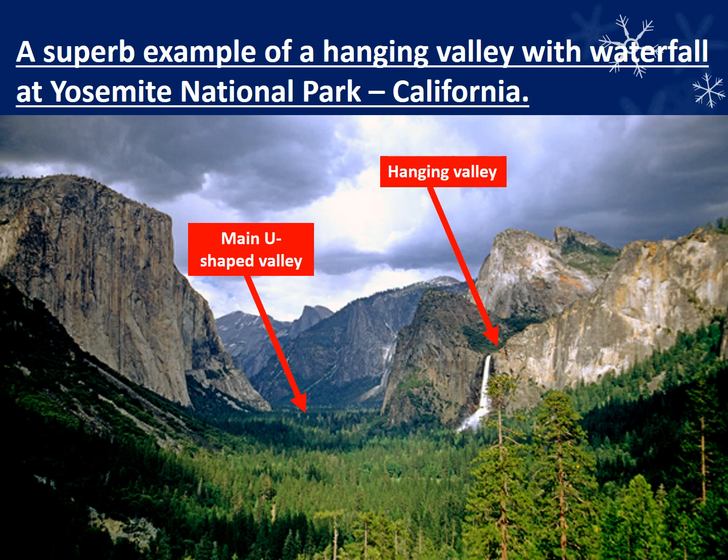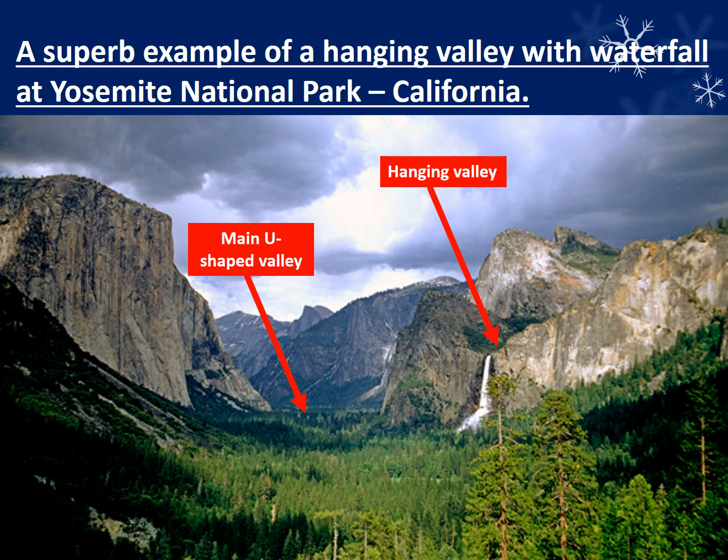Here's a really nice example of where you can see a hanging valley with a waterfall in it. This hanging valley would have been a small glacier that eroded a fairly large channel across and downwards. Eventually, this little valley, which would have been filled with a smaller glacier called a tributary glacier, would have joined into this main, massive, wide, and flat valley here.